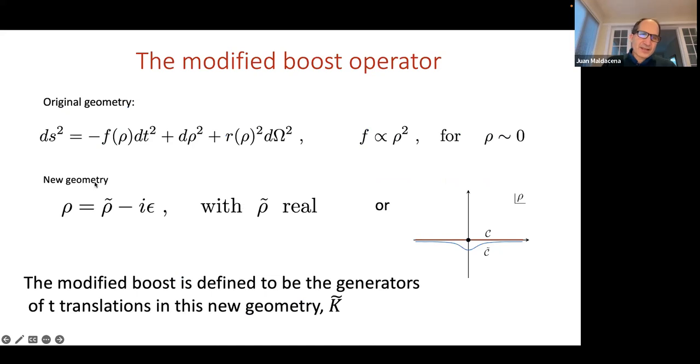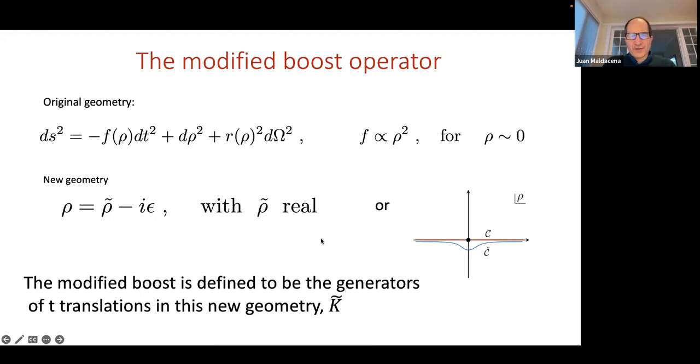The idea is that the true geometry that describes this process is one where we consider a coordinate rho equal to rho tilde minus i epsilon with real rho tilde. Another way of thinking about this is that in the complex rho plane, we were initially thinking about geometry that runs along the real rho axis, but now we consider one where rho is slightly deformed into the lower half plane.